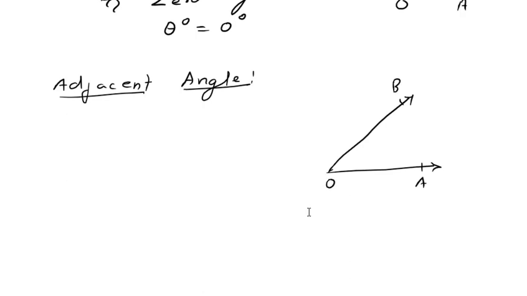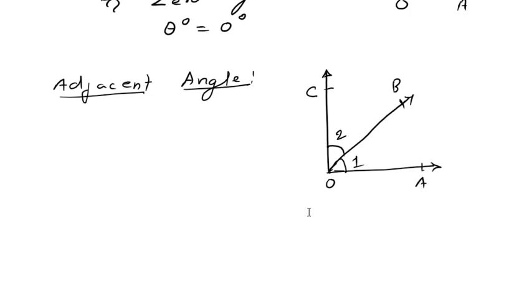Now if I draw one more angle by taking this OB as my first arm and OC as second arm, then I have one more angle, angle BOC. So here I got two angles, angle AOB, this is angle 1, and angle BOC, this is angle 2.